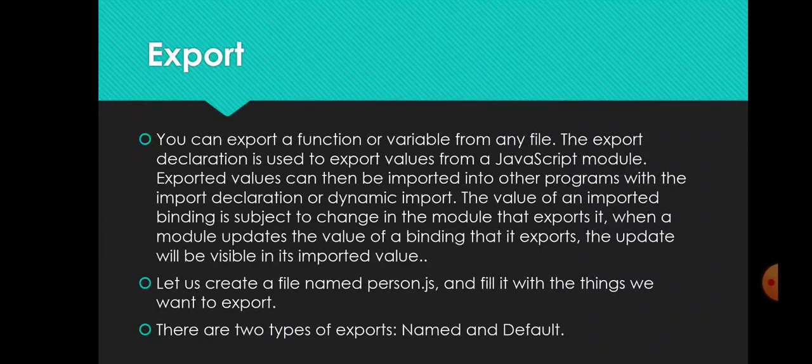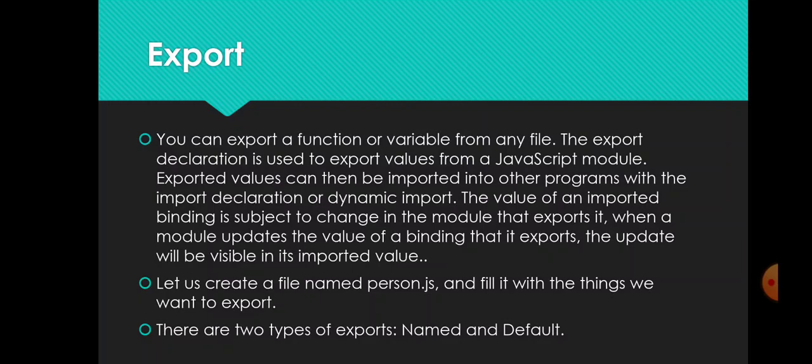Now let's check what the export keyword is. It is used so that we could specifically send the code to the public code. These values are imported bindings, subject to change in the module that exports them.